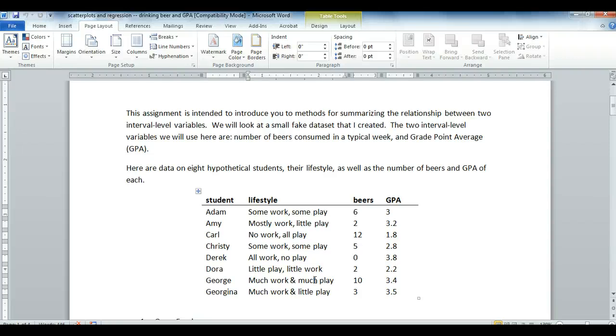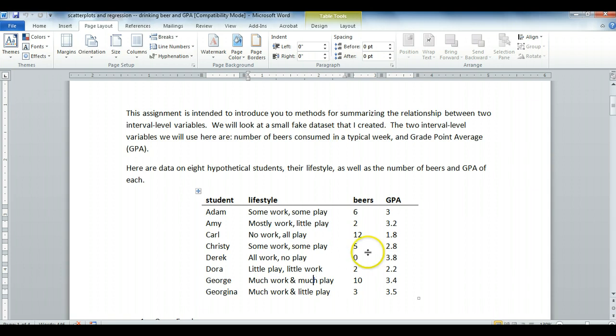Okay? If as the number of beers go up, GPA didn't change, we would say there's no association between beer and GPA. If as the number of beers goes up, GPA went up, not only would people be drinking themselves silly, but we would also say there's an association.